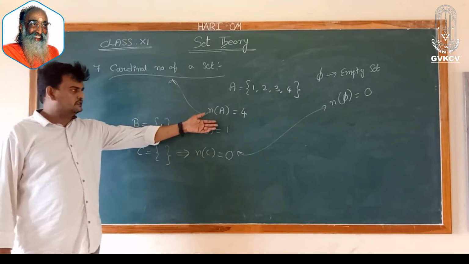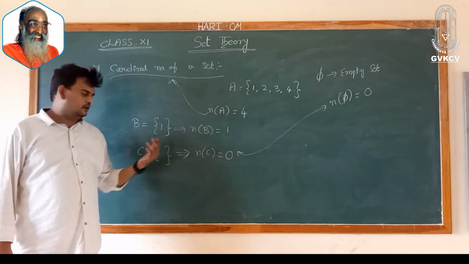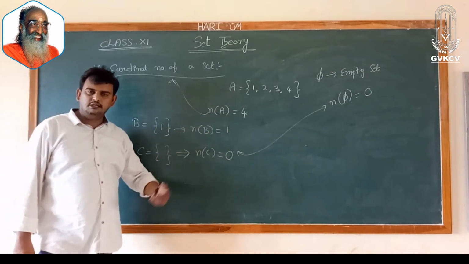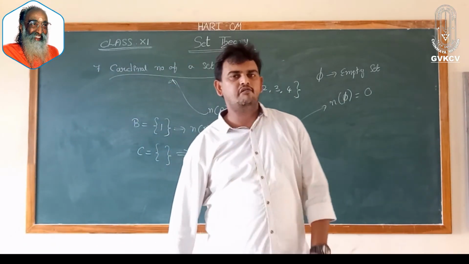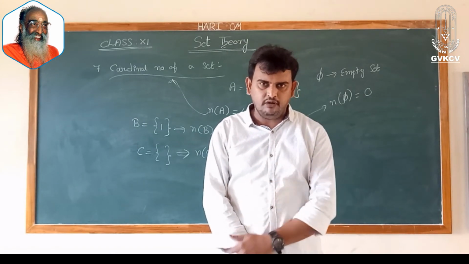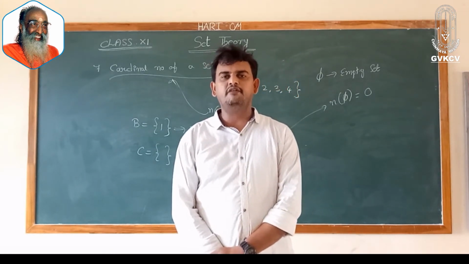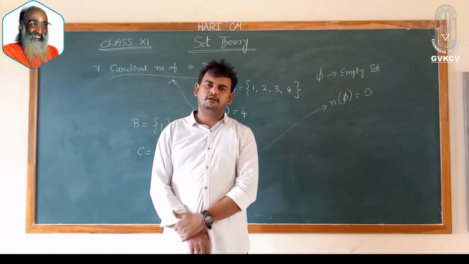If you have 4 elements, we can say 4. If you have only one element, we can say 1. If there is no element, we can say 0. So cardinal number is possible only for a finite set, which is not possible for infinite sets. Why? Infinite means uncountable. Then how can you say how many elements are there?